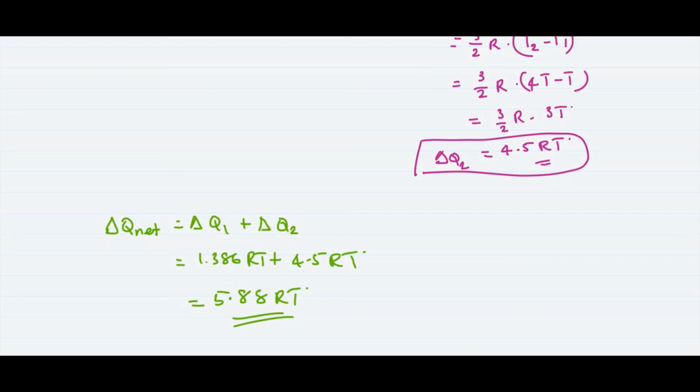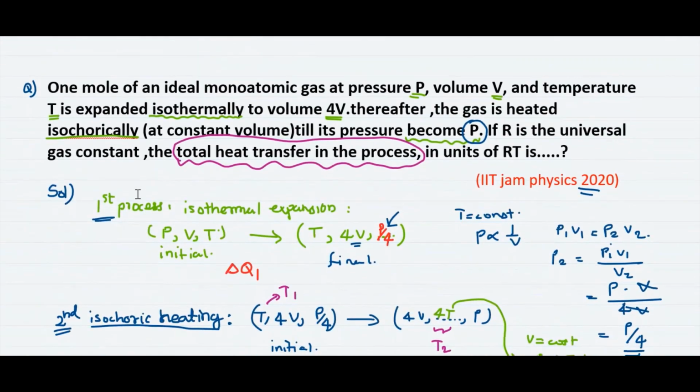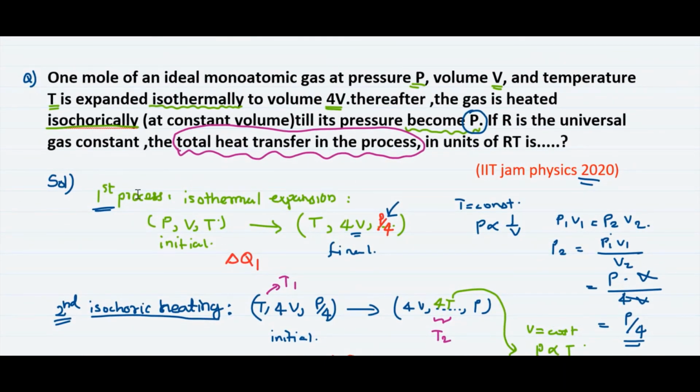Finally I will give you a quick recap of how we did this problem. In this question it is given that there are two processes. First is isothermal expansion, and then the second process is isochoric heating.